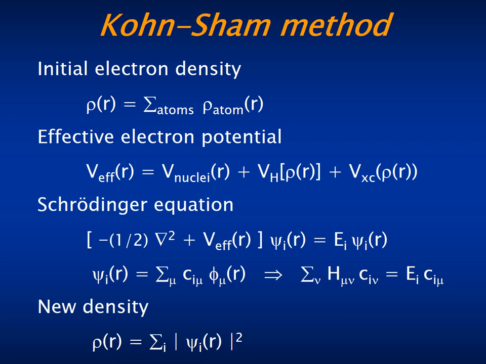You then solve Schrödinger's equation by expanding the wave functions in a basis set, which reduces the differential Schrödinger equation to a matrix eigenvalue problem. Finally, you find a new density as the sum of the occupied electron wave functions, and you repeat this self-consistency cycle until the density no longer changes.